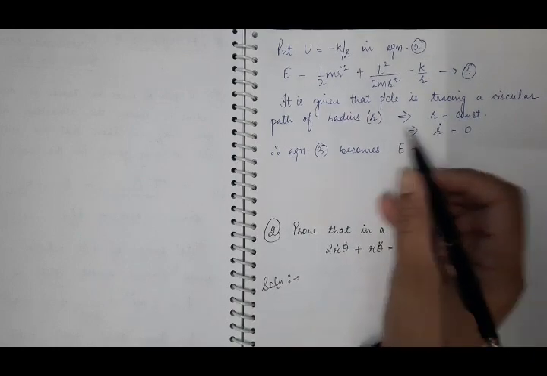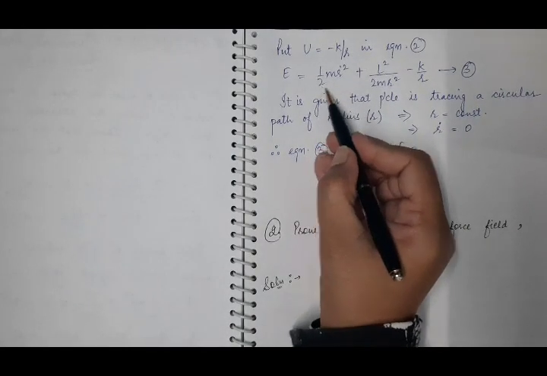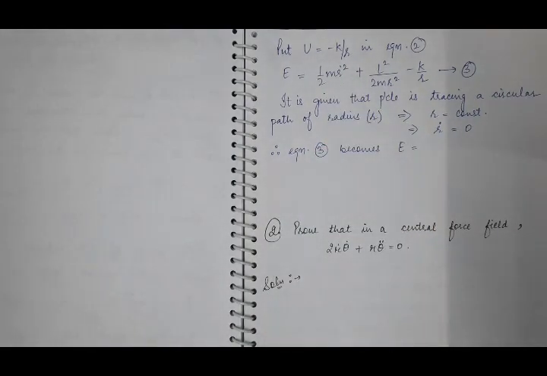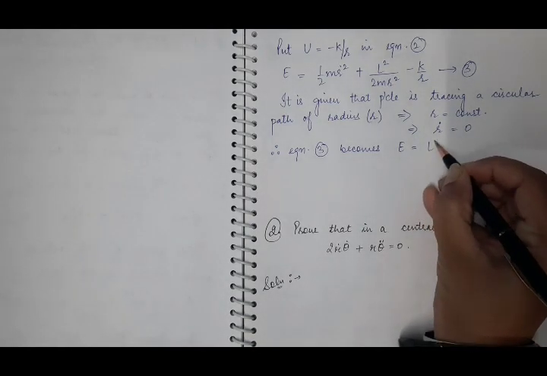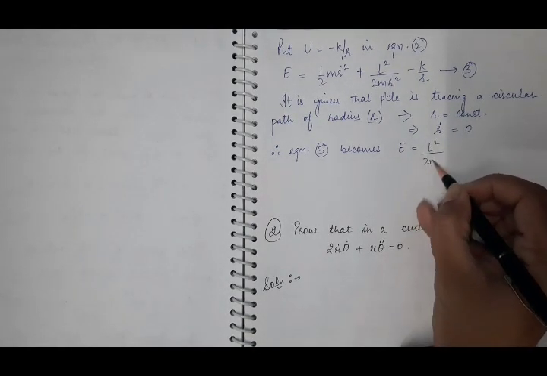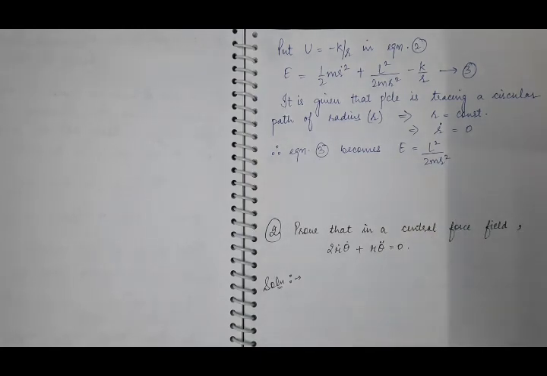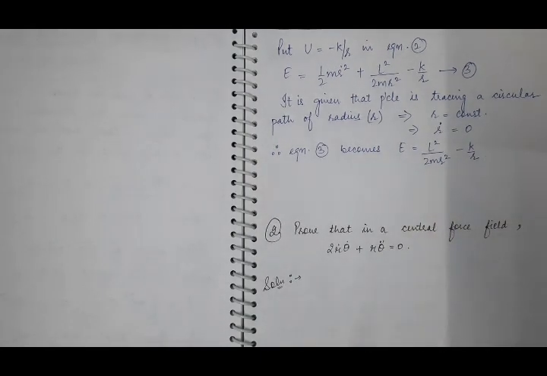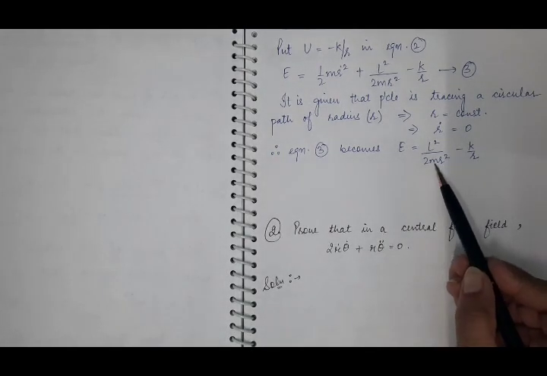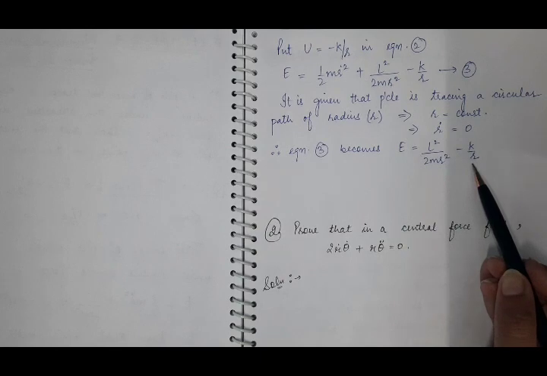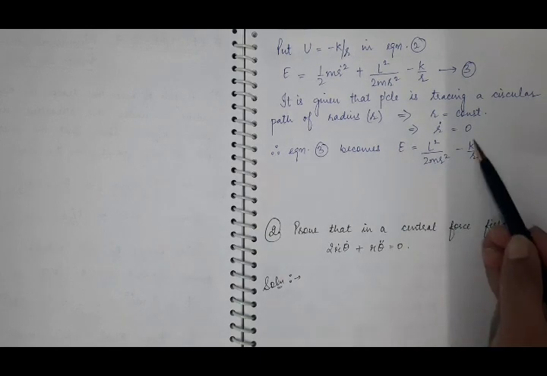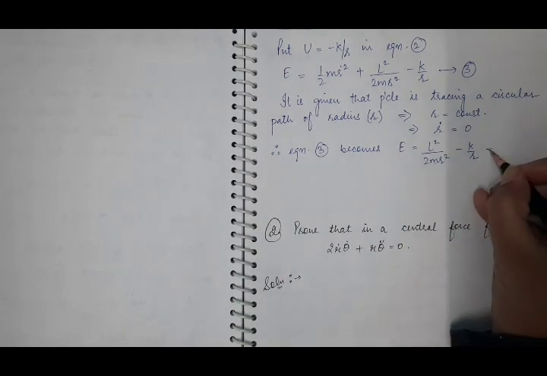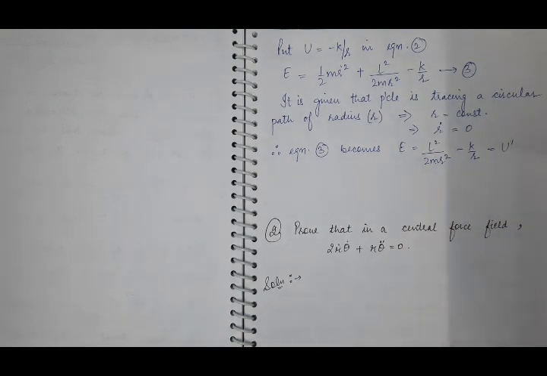E is equal to, here 0 will make this radial kinetic energy equal to 0. So total energy is equal to L square by 2mr square minus k by r. And this is centrifugal potential energy, this is gravitational potential energy, and collectively this term is known as effective potential energy U dash.